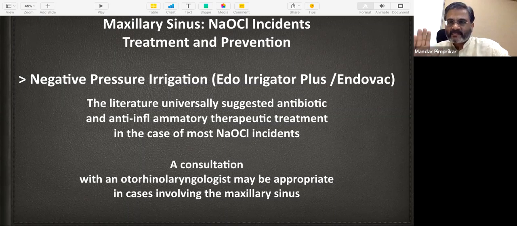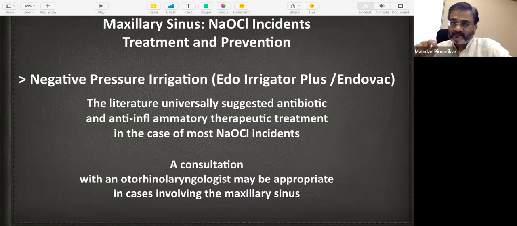Otherwise, treatment for hypochlorite extrusion is you have to put the patient on anti-inflammatories, ask the patient to apply ice compressions, warm water saline salt gargles, and if there is swelling or cellulitis, prevent the secondary infection, you may have to use antibiotics and steroids in some of the cases.